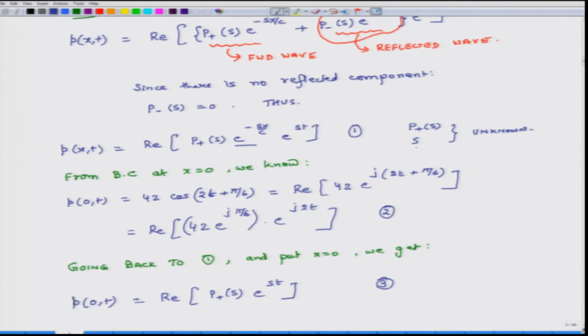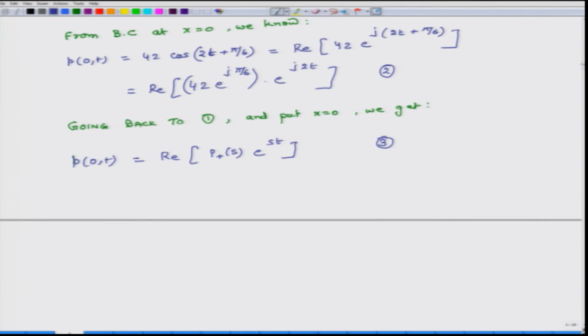So, once again our aim is to find P plus of s and the parameter s, the values for these two things. So, now what we do is compare 2 and 3. We see that in equations 2 and 3 the left hand side is the same. So, if the left hand side is same, then I can equate the right hand side of both the terms also.